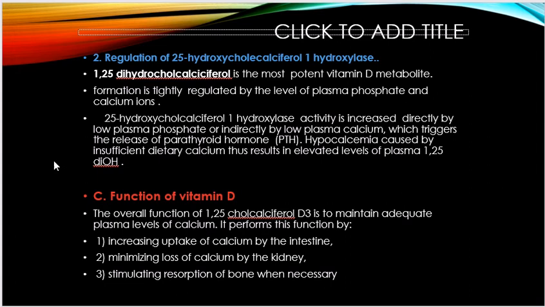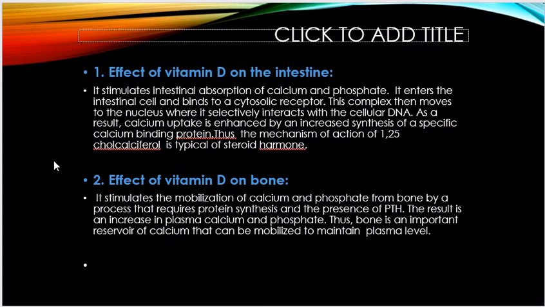Regarding the functions of vitamin D, the overall function of 1,25-dihydroxycholecalciferol, also known as D3, is to maintain an adequate plasma level of calcium. This is done by increasing the uptake of calcium by the intestine, minimizing the loss of calcium by the kidneys, and stimulating the reabsorption of bone when necessary.